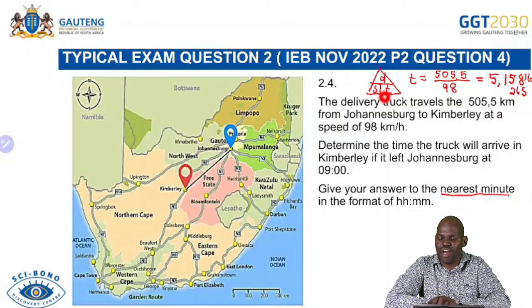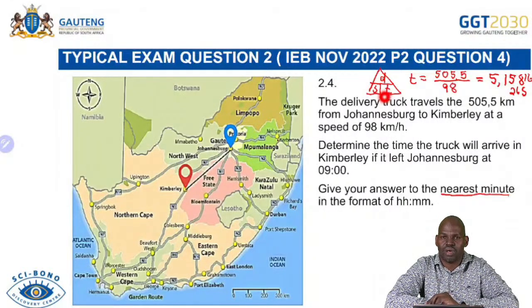So the time is 5 hours and a couple of minutes. The most common mistake that learners make here is once they see 5 hours and then they see the first 2 digits after the comma, they tend to think that those digits are the minutes, right?